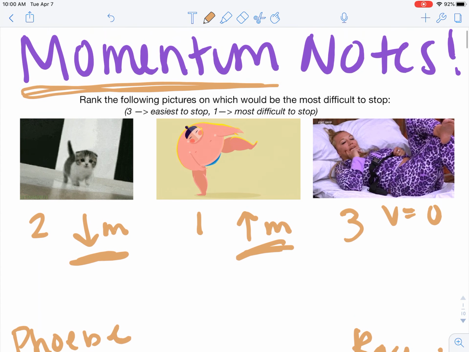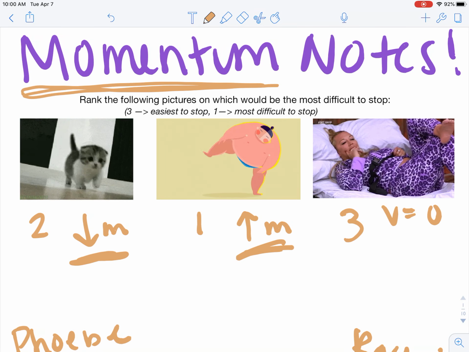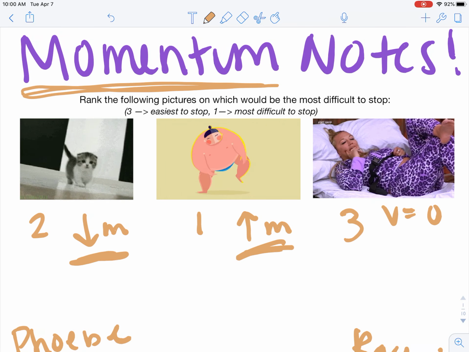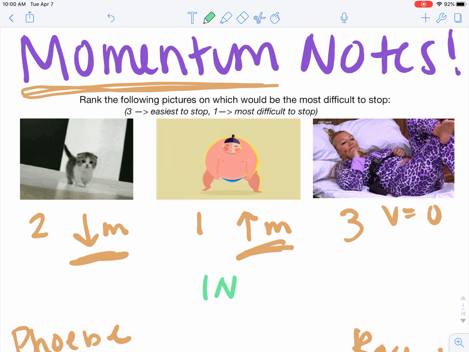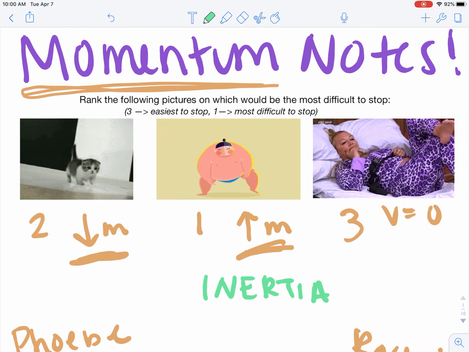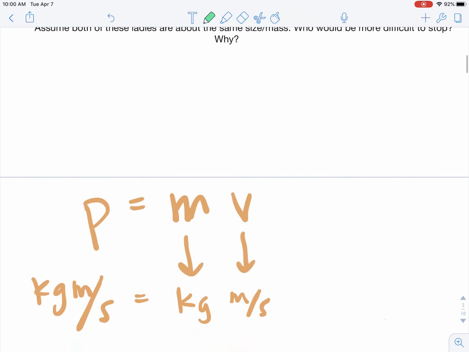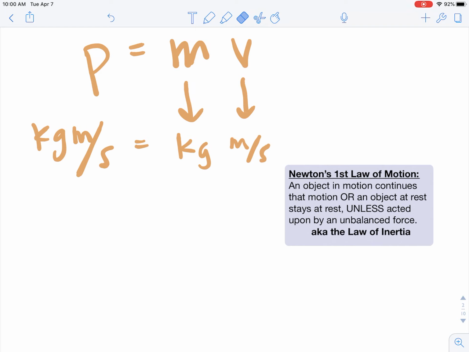So before in this first example, we talked about how the more mass an object had, the harder it is to slow the object down. There's an idea or a word for this idea. The more mass you have, the harder it is to change an object. And that is this idea of inertia. I want you to think back to the law of inertia that we talked about a few units ago. It's Newton's first law. An object in motion continues that same motion, or an object at rest stays at rest unless acted upon by an unbalanced force.